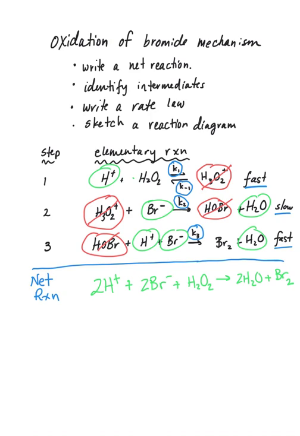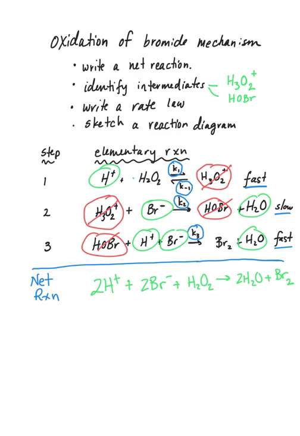Those represent, therefore, intermediates in this overall reaction. We say that the complex H3O2 plus and the molecule HOBr represent intermediates in the overall reaction.